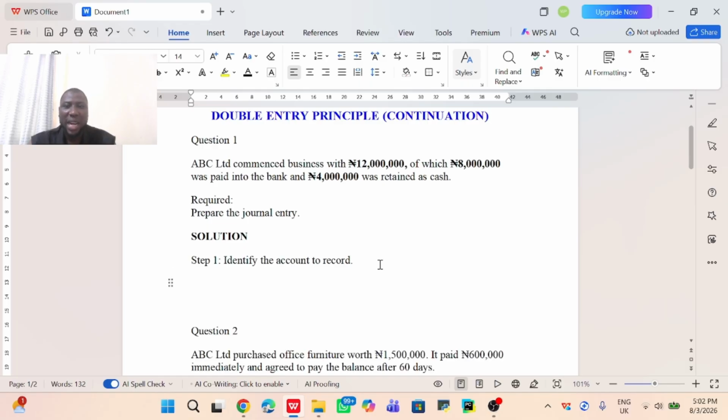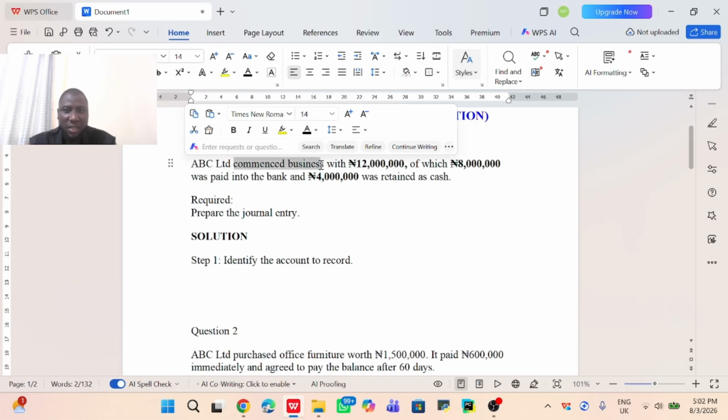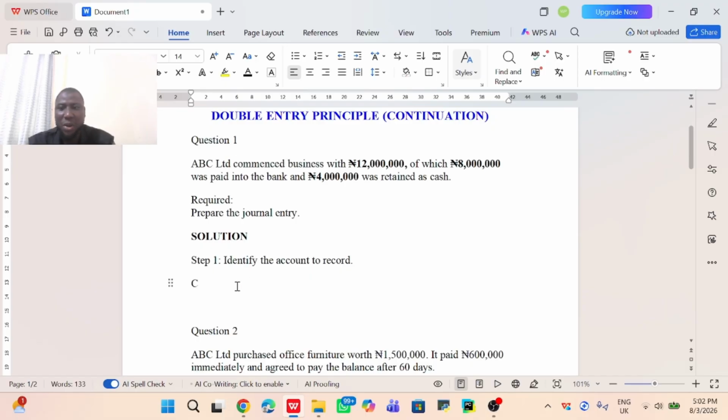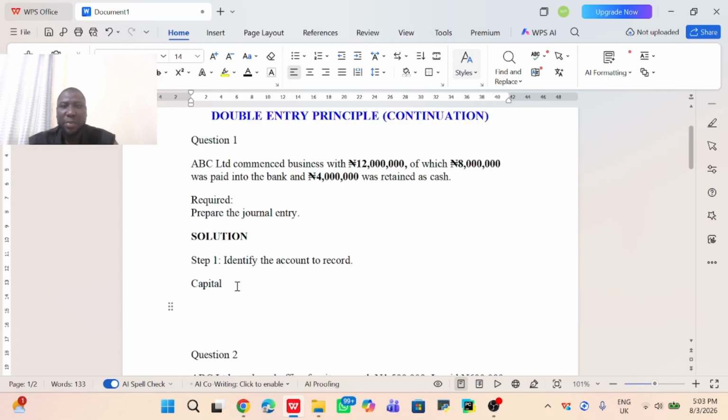So what are the accounts that we need to record? Number one is commenced. If a business commences, that means capital. Number two, of which 8 million was paid into the bank, this is the bank account.